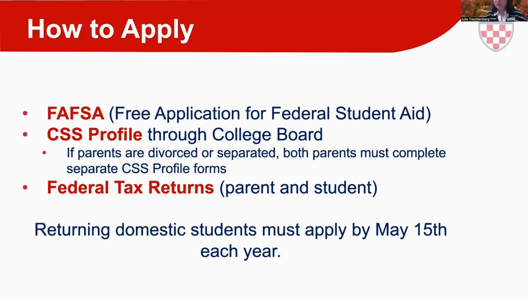As I mentioned earlier, this requirement to complete all these annually is for domestic students. International students who are receiving financial aid only have to apply their first year, and then that will carry forward in future years. The deadline for returning students to apply is going to be May 15th each year, and more information about the requirements and the deadlines can also be found on our website.